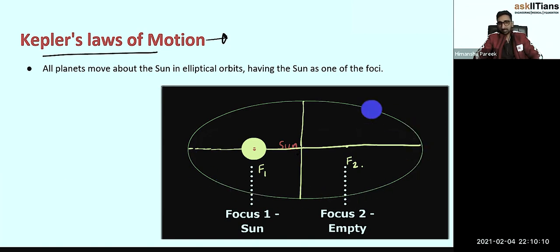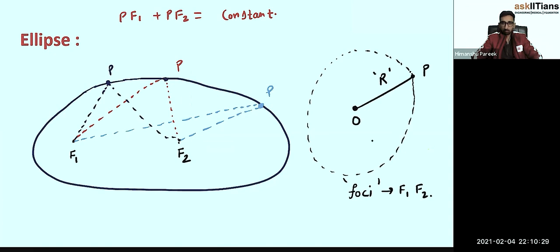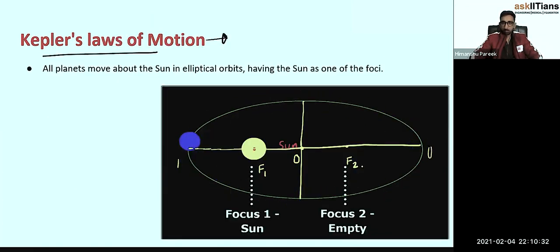This is the center of foci F1 and F2, right? For focus 1 and focus 2, this is the center O. Now let me call this point P and this point Q. Let's call this point R, and this point S. If O is the midpoint, then I can say OP will be equal to OQ.